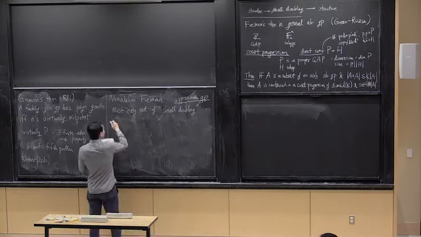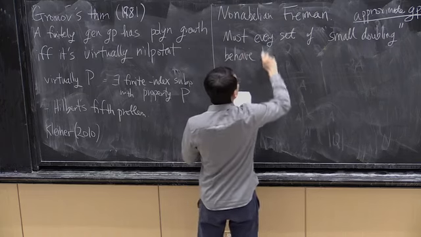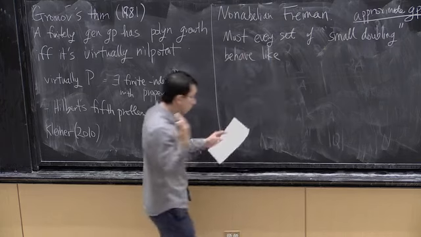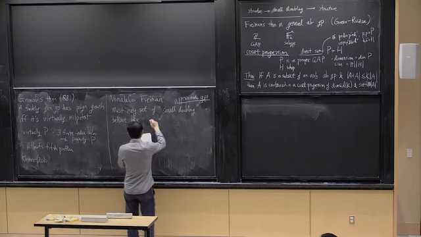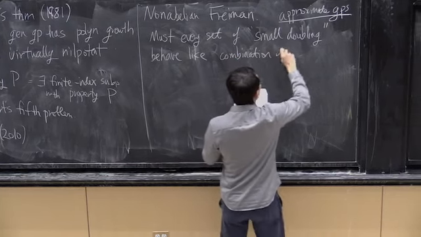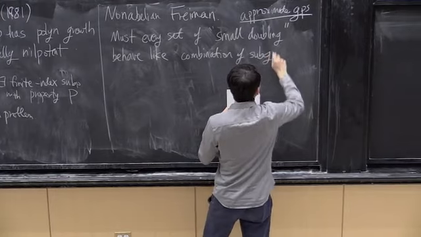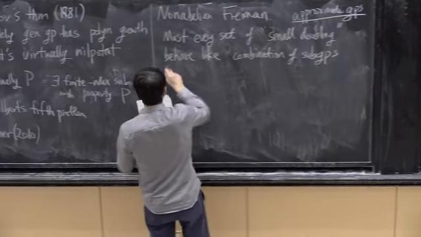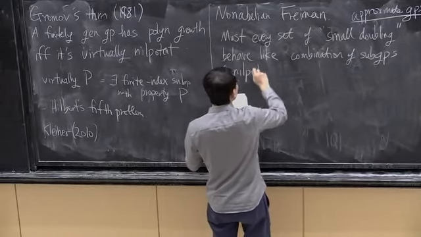Must every set of small doubling in some non-abelian group behave like one of these known examples, something which is some combination of subgroups and nilpotent balls?